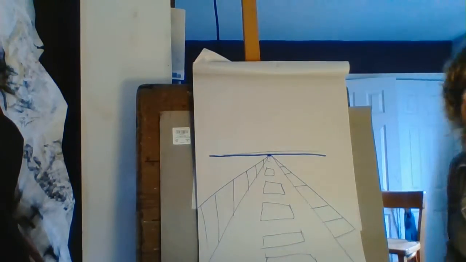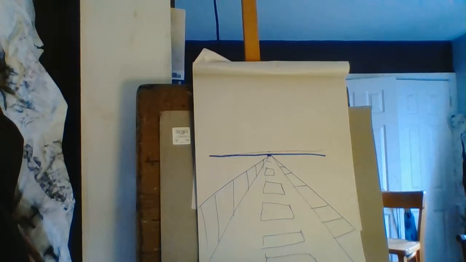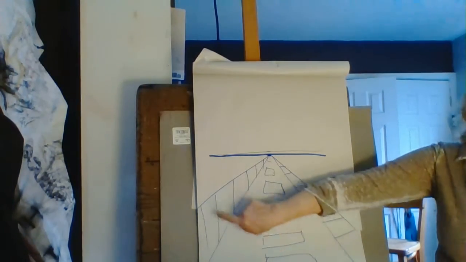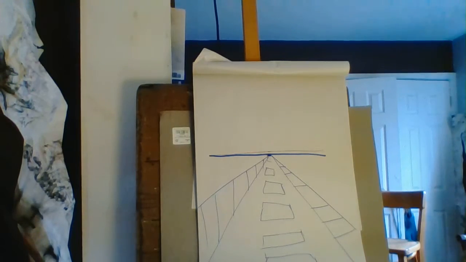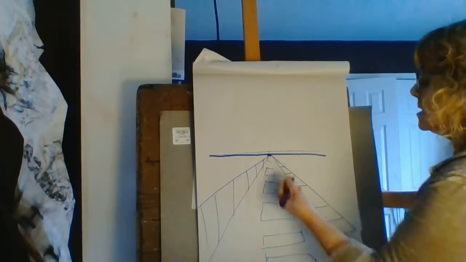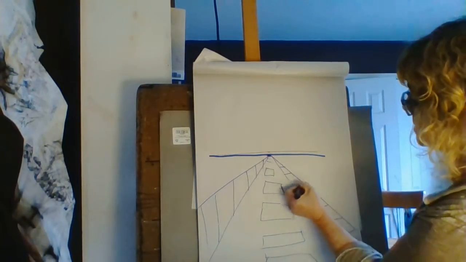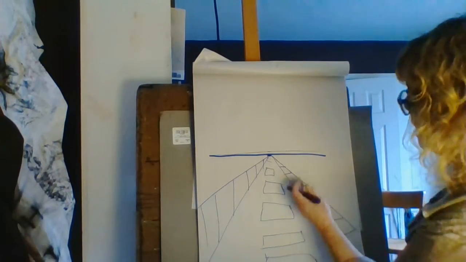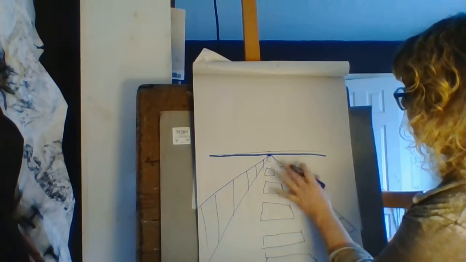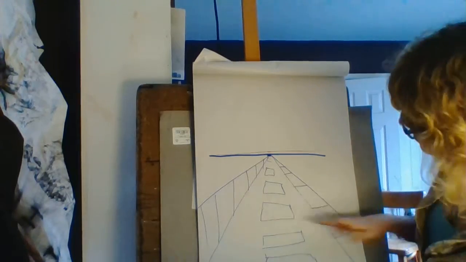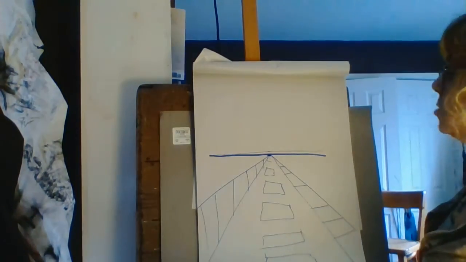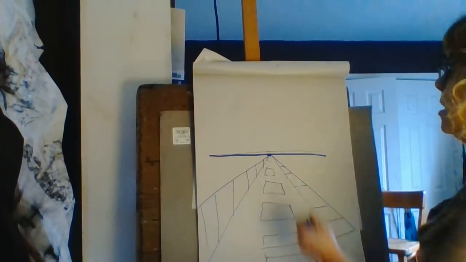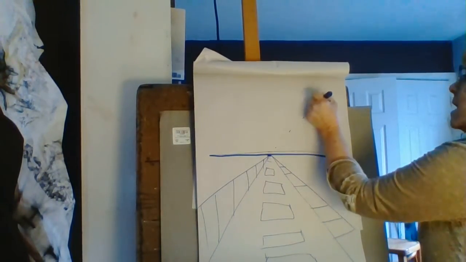And you can see now the difference between the fence and the sidewalk. Usually when kids do this, they have to watch that they don't make their sidewalks kind of slanted. It has to be perpendicular to our big rectangle. All right, now I'm going to give you these guidelines.